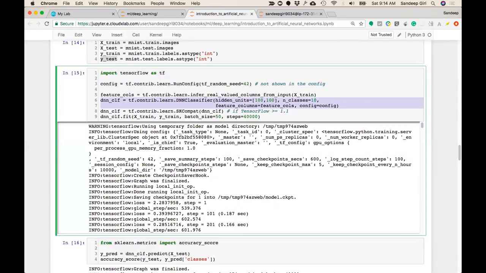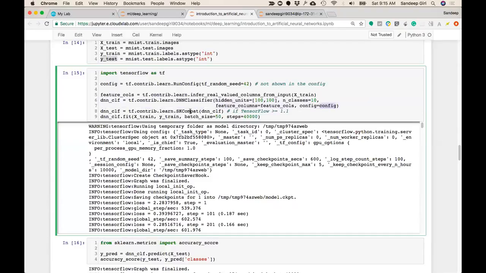Next step is to call the DNN classifier. Here we are basically calling the classifier. You can see there are two layers, one with 100 neurons, second with another 100 neurons. Number of classes are 10, and feature columns are equal to feature, the real valued columns that we have extracted, and we are passing the config object.